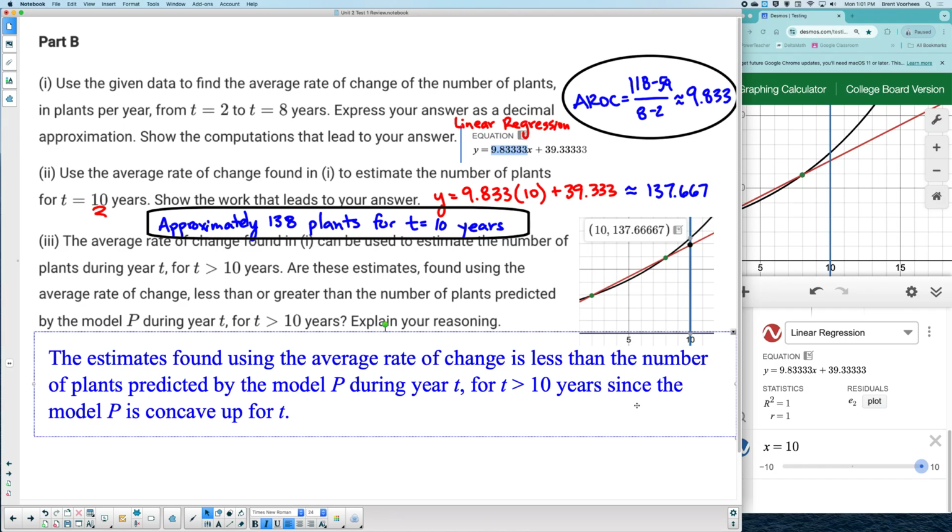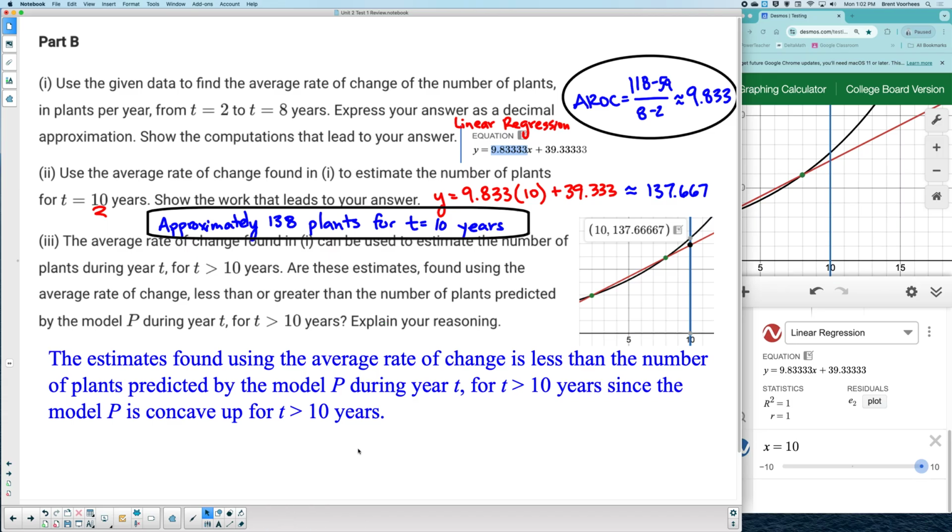For, I don't know if you'd have to say this, but I'll just do it again. For T greater than 10 years. Is that it?